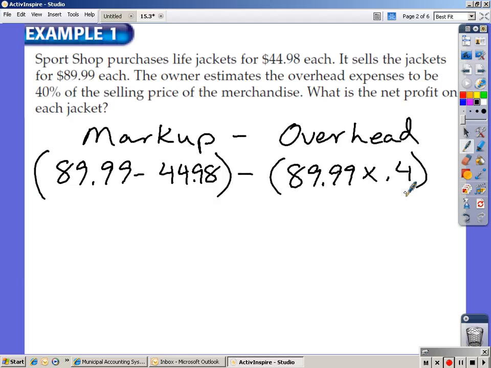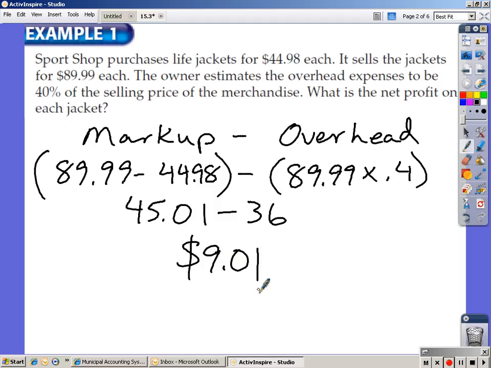Okay, so let's plug these in our calculator. $89.99 minus $44.98 is $45.01, minus $89.99 times 0.4, $36. Okay, so find the difference between those two, and you end up with $9.01 as the net profit on the jacket. Okay, pretty easy stuff.